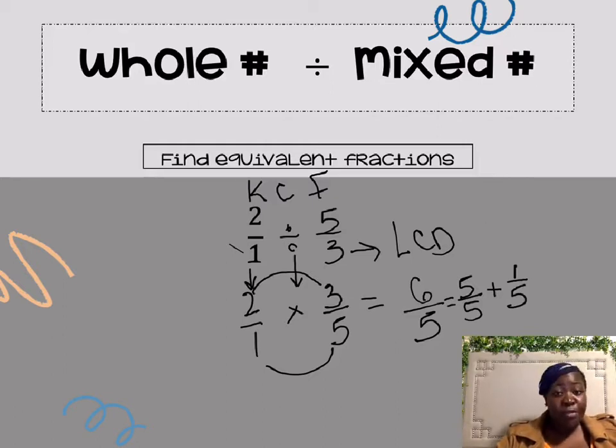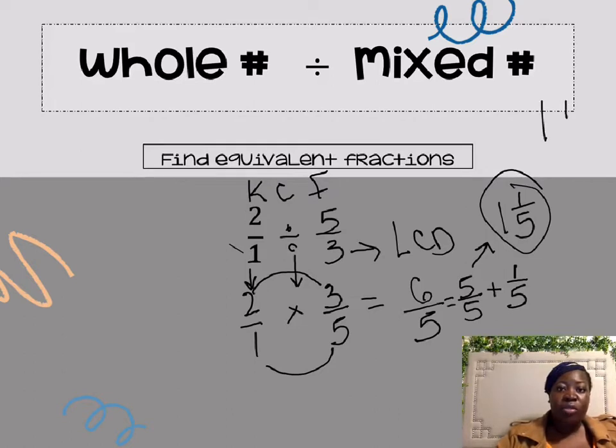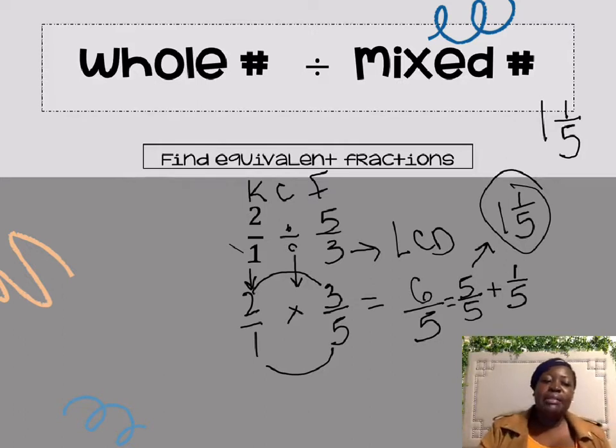Our 5/5 is the same thing as one whole, and we have our 1/5. So our answer for this one would be 1 and 1/5. But let's see, if we do the LCD method, will we get the same answer? Let's find out.